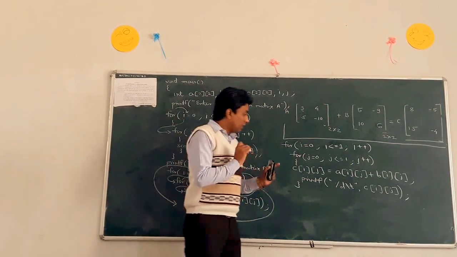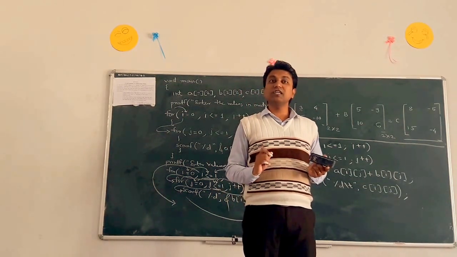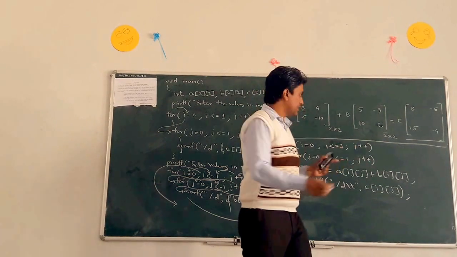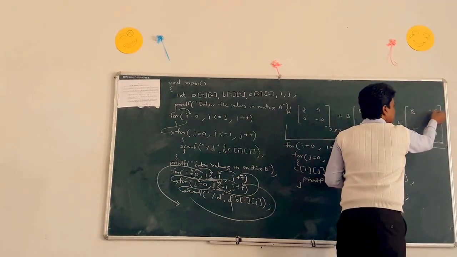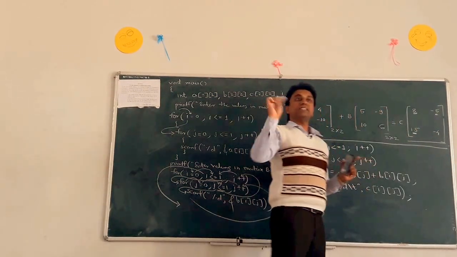Clear? Okay. Also, after printing the first row, the cursor should automatically go to the next row. The first row is printed like this: this element is printed, then a tab, 4 spaces, then -5 is printed. Then the next element is printed on the next line.